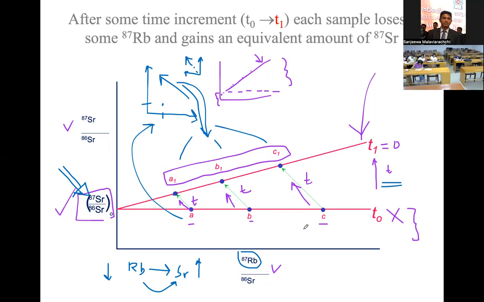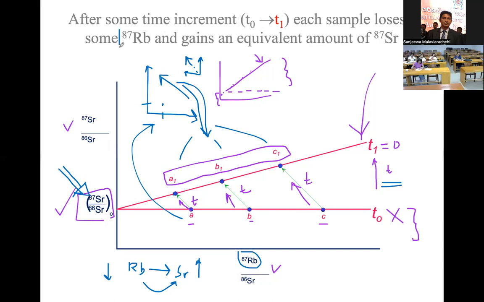So this is the concept of isochron. After time t, what you get here will be along a straight line again, right? At the initial time also they should be along a straight line, just simply because they had a constant ratio. That means they are coming from one single source.